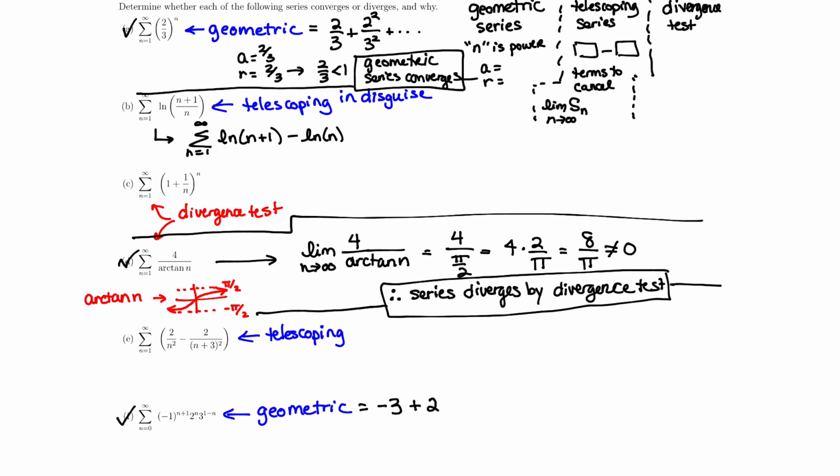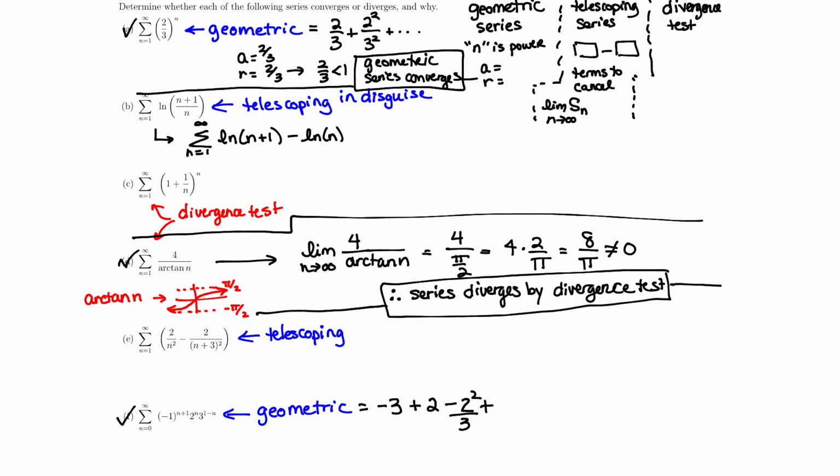And then minus 2 squared times 3 to the negative 1, which is like 4/3. That's minus 4/3.